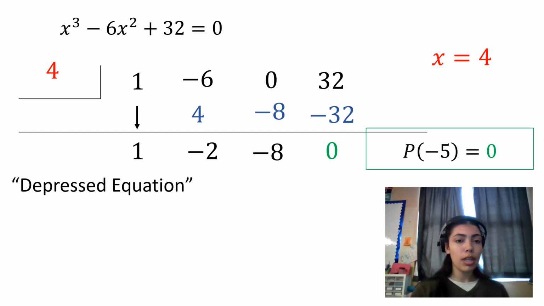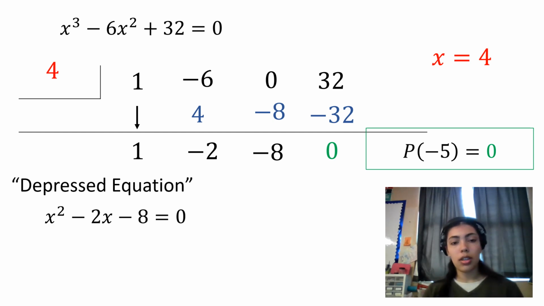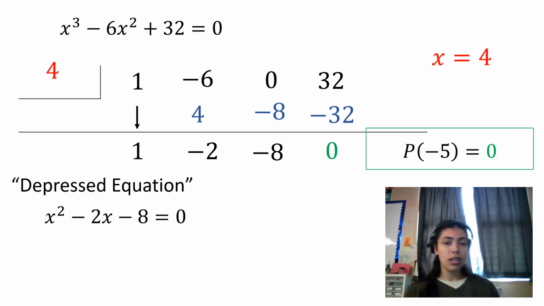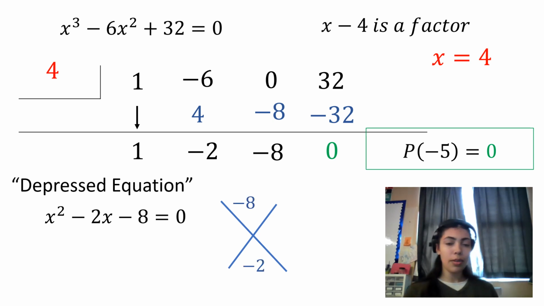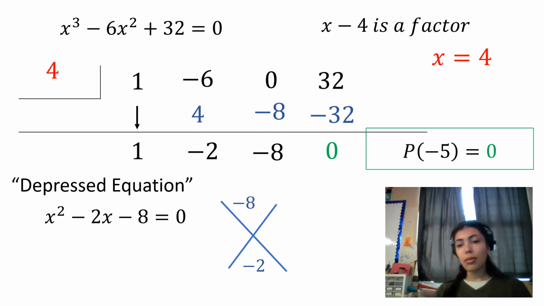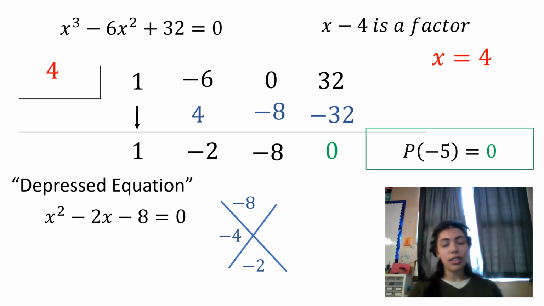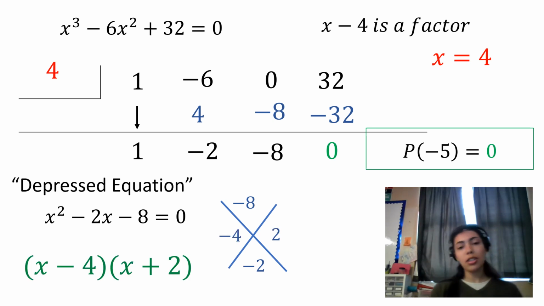Then you make your depressed equation, which is just the bottom numbers, and then you factor it. So multiplies to negative 8, adds to negative 2, you have negative 4 and 2, and that's your answer.